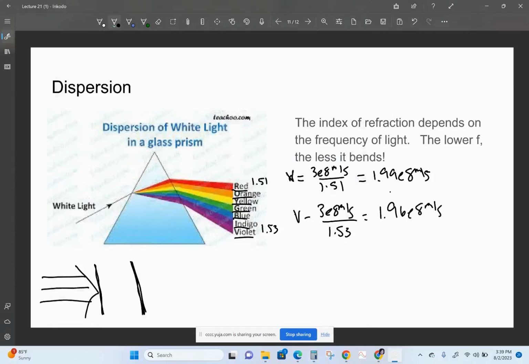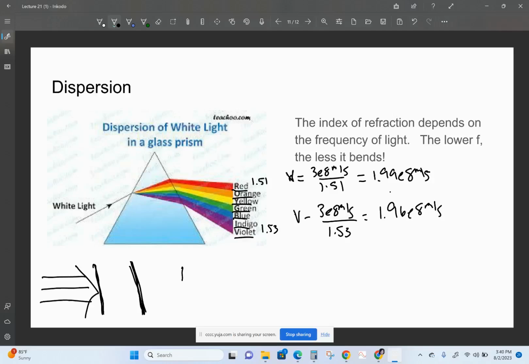So there's a slight difference, which means that even though these sides are parallel, there is a little bit of difference going on in how much they slow down, which means they don't bend at the exact same angles. They bend at very, very slightly different angles. They slow down a little bit more. Violet light, higher frequencies, slow down more. And when we say that the index of refraction for glass is 1.51, that's an average value for all those colors of light.